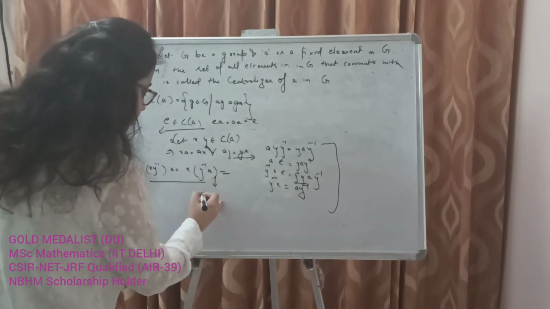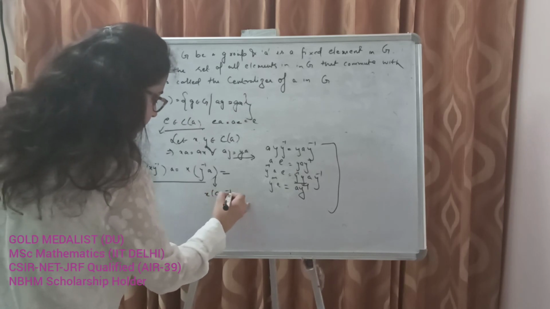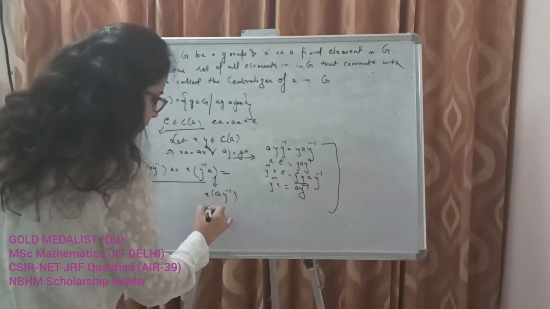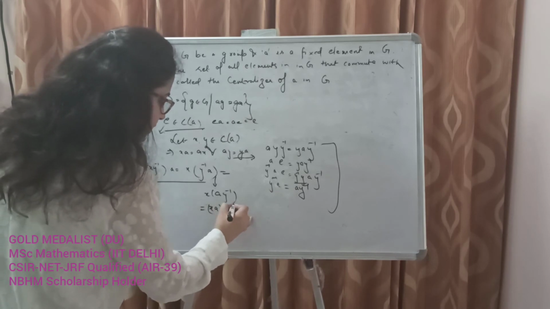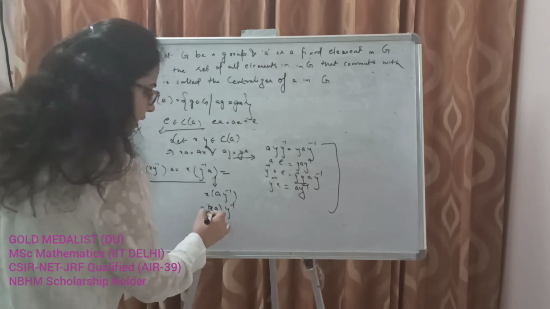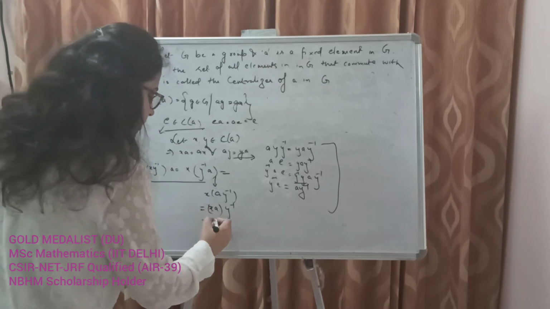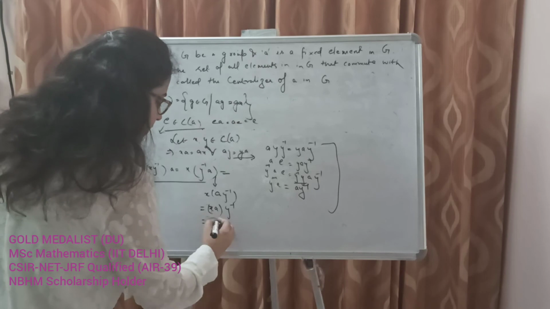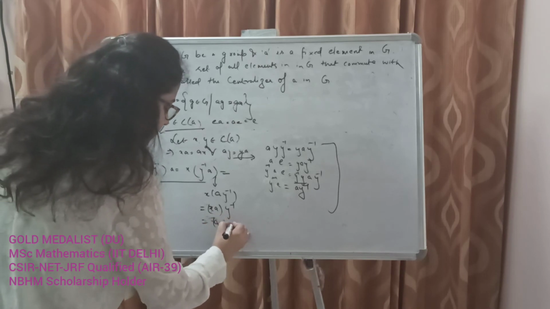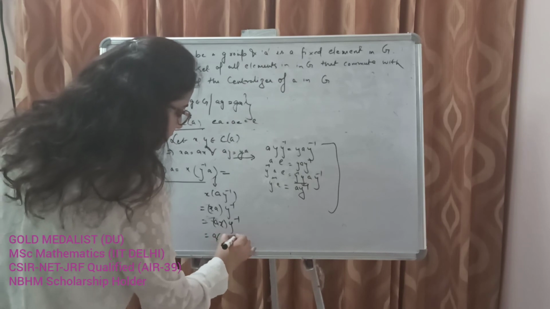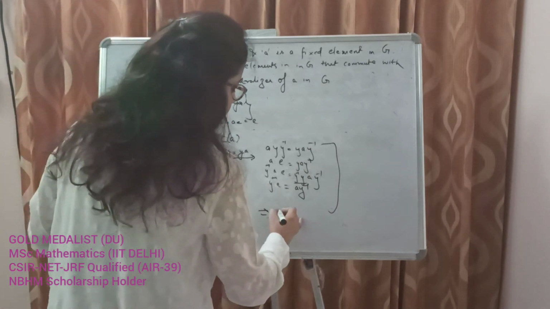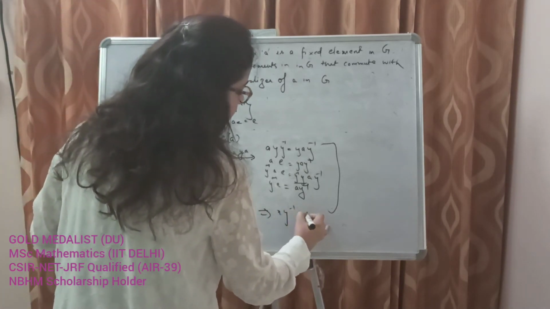This is equal to X into AY inverse, which is equal to X into A Y inverse by associativity, then again commutativity of X. Associativity. So this is how this implies XY inverse belongs to the centralizer.